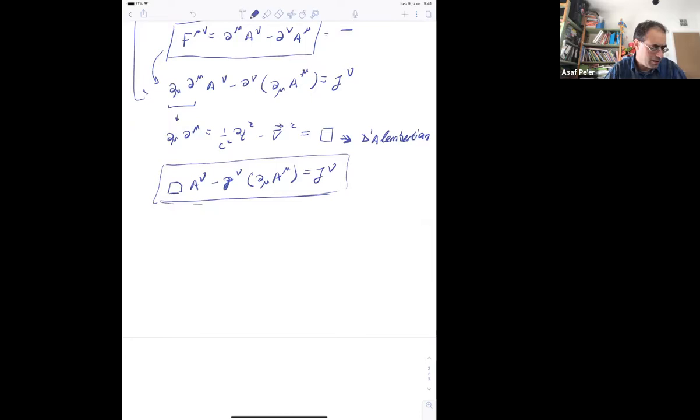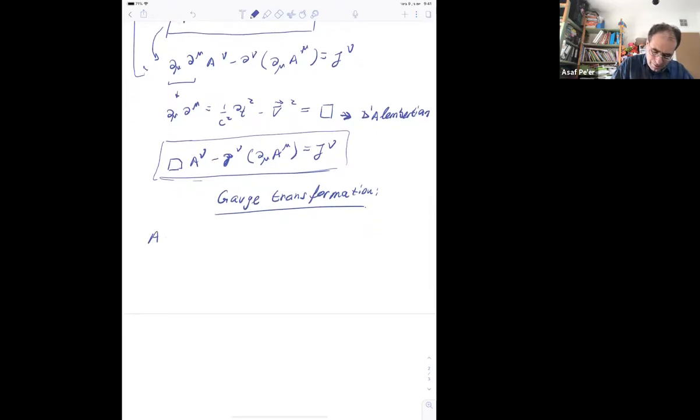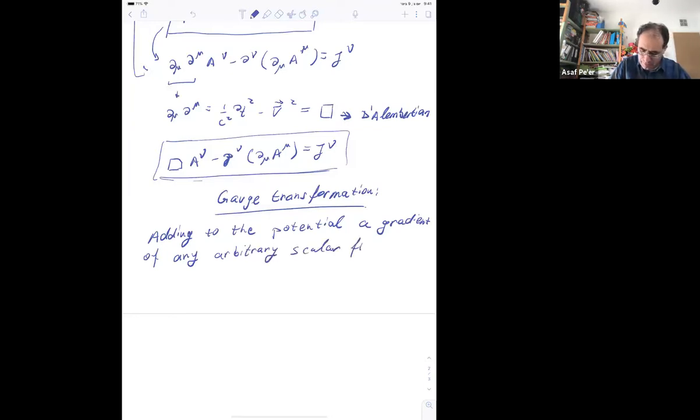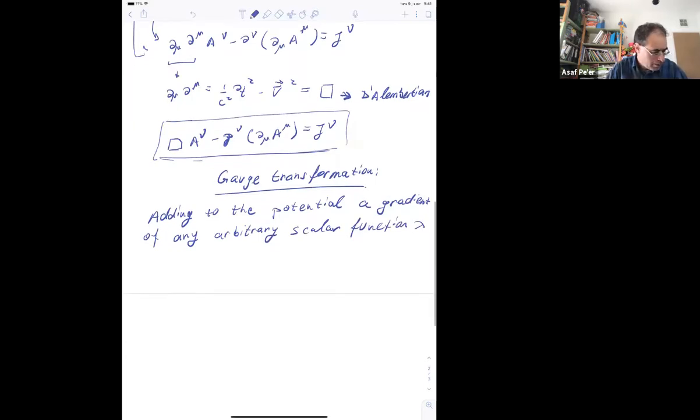So we can add to the potential a gradient of any arbitrary scalar function lambda, which will not affect the resulting fields, which is what we measure. This is known as a gauge transformation or gauge choice.